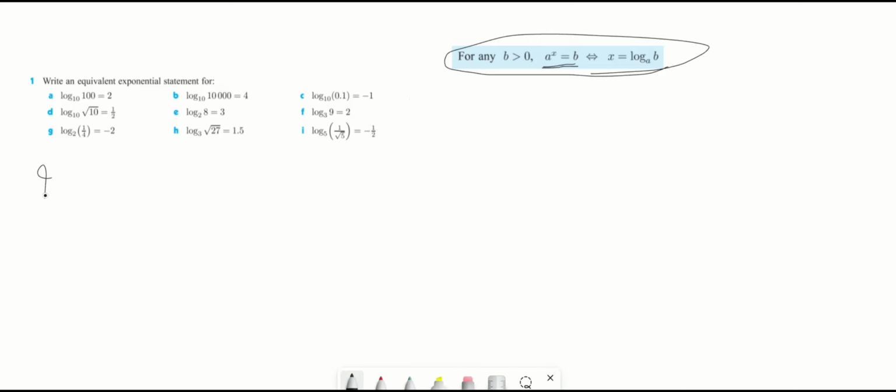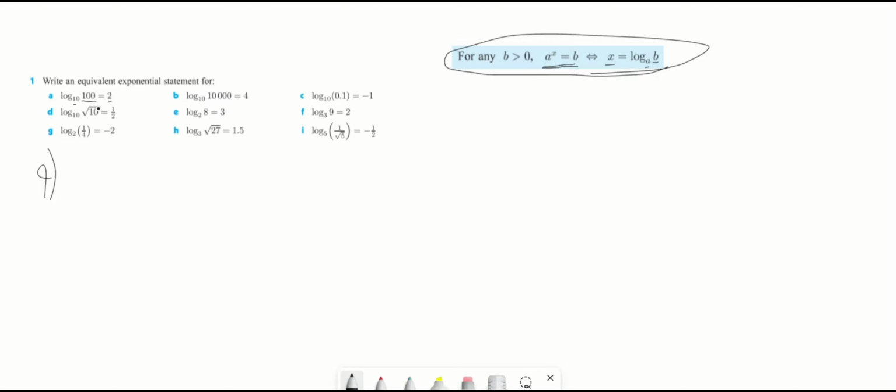So first we have a, log base 10, 100 equals 2. And we can look at it here. So the base is 10, so 10 is a, b is 100, and then x is 2.